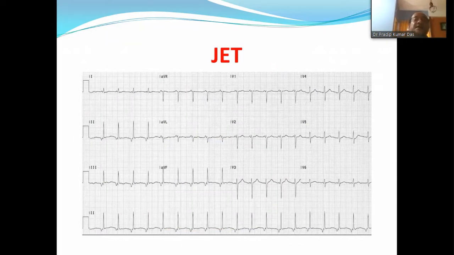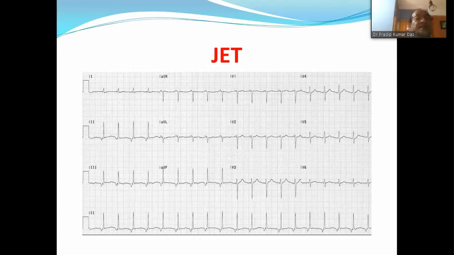Junctional ectopic tachycardia. Here you can see that there is a downward P wave, and the QRS rate, the ventricular rate, is around 140, with no other morphological changes.